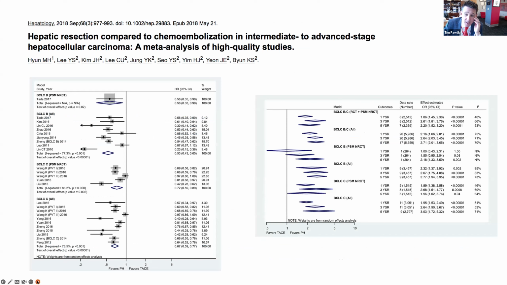And if you look at the data in aggregate and systematic reviews, and you look at partial hepatectomy versus TACE, you can see that in many studies, even amongst patients who are BCLC-B, the data would suggest that there is a subset of patients who can benefit from surgical resection rather than palliative treatment, if you will, with TACE.